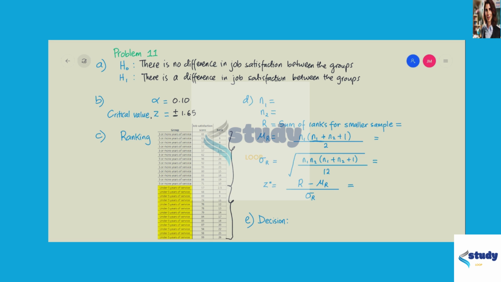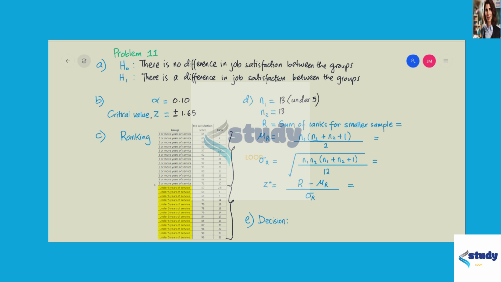So when you count the sample size for both categories, you'll find that 5 or more is 13 and under 5 is 13. So we have to pick one of the two categories, any of the two, and in this case we are going to use the category of under 5 years to be N1.